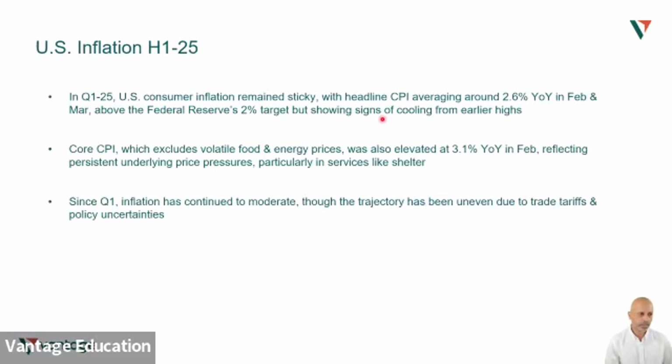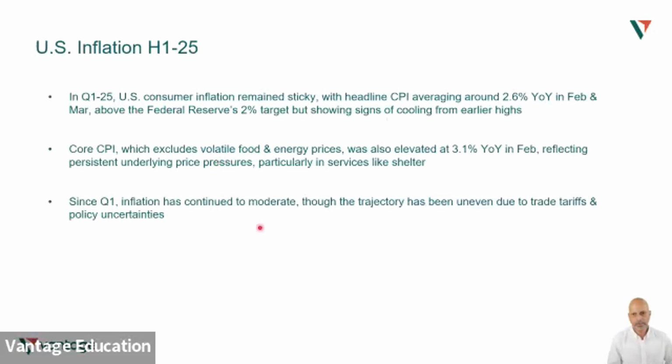Remember, in January, headline CPI had hit 3%. So while headline CPI was still elevated, it was starting to move in the right direction. Core CPI, which excludes volatile food and energy prices, was also elevated at 3.1% year over year in February, reflecting persistent underlying price pressures, particularly in services like shelter.